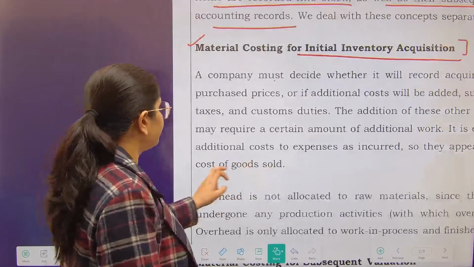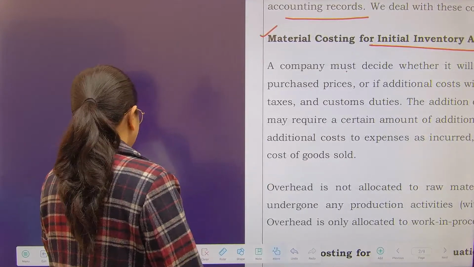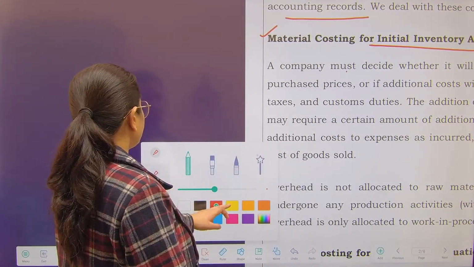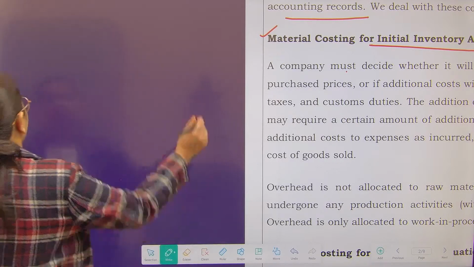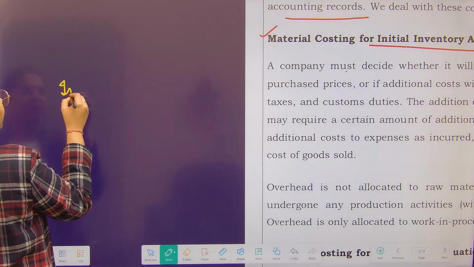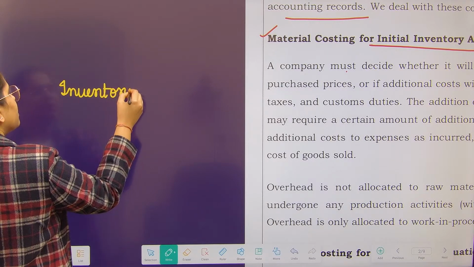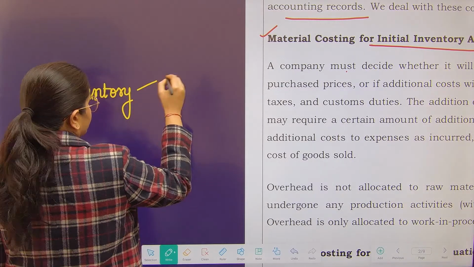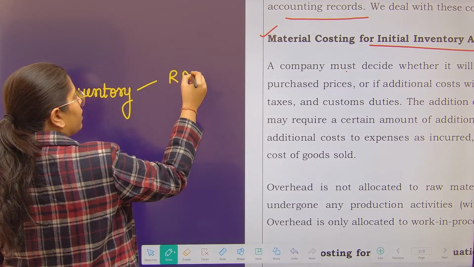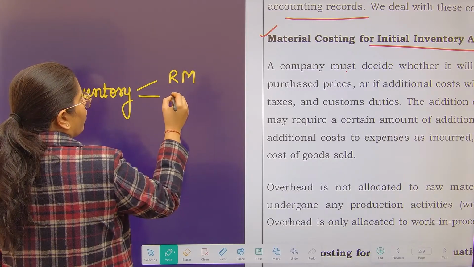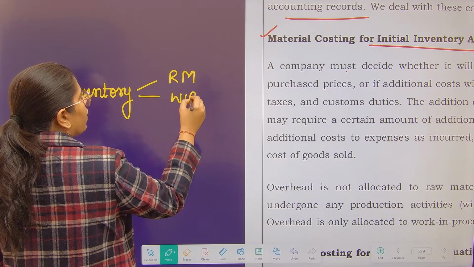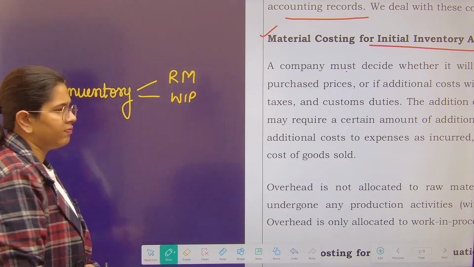Whenever I say the word inventory, it means three things: raw material, work in progress, and finished goods. Work in progress is nothing extraordinary.